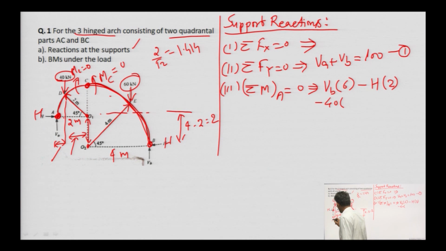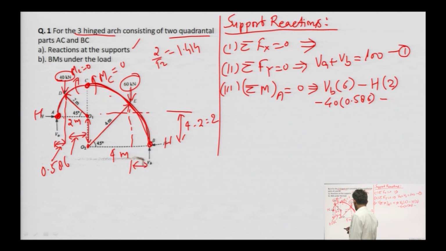So this value is minus 2, it is 0.586. So 40 into 0.586. And for this one, let us calculate its value.